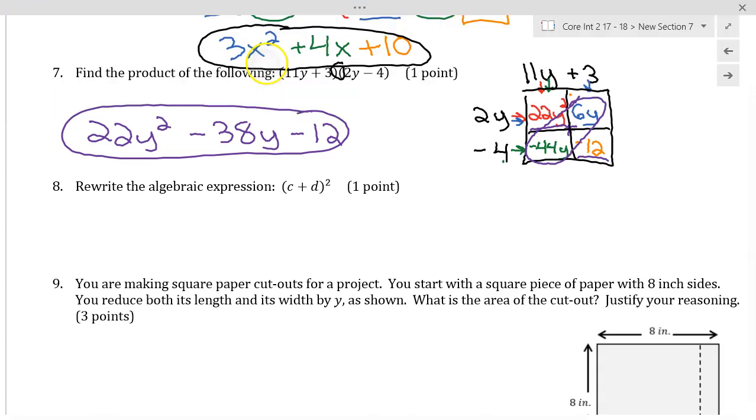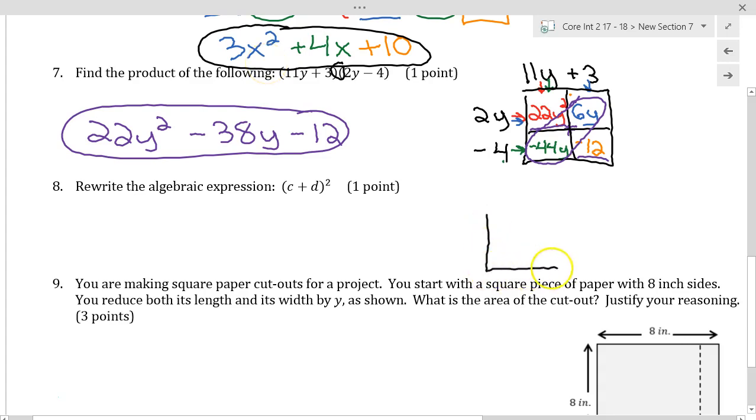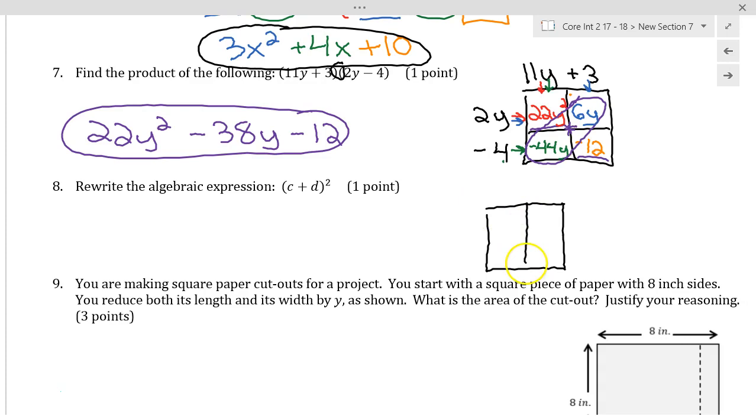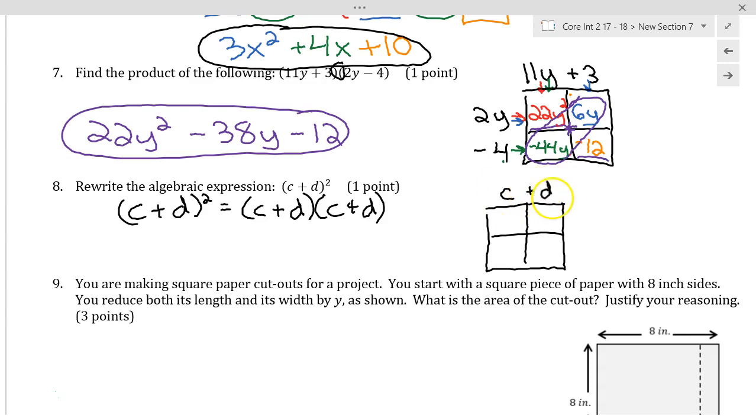All right, looking at number 8, I have c plus d squared. So again, I'm going to draw my box. Remember, c plus d squared is c plus d times c plus d. So I have c plus d here, c plus d here.